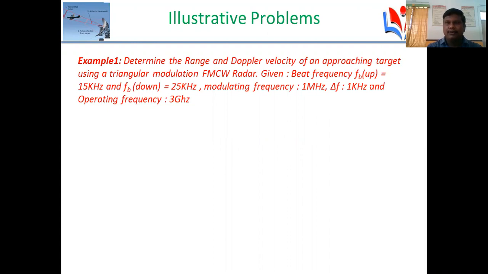The modulating frequency is 1 megahertz, delta F is 1 kilohertz, and the operating frequency is 3 gigahertz. So we have to write all these things aside. What is the given data here? We have the beat up frequency fb up, fb down, fm, and the operating frequency f0.